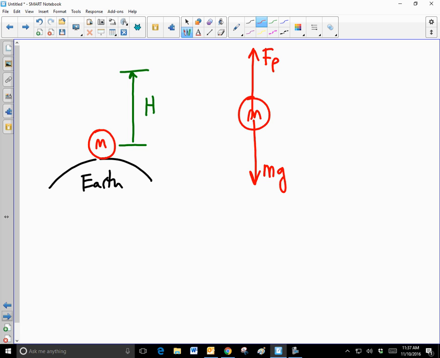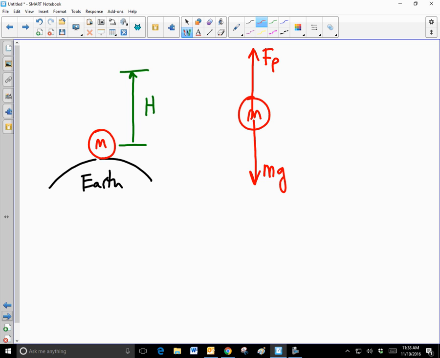If I don't take the Earth as a part of the system, then it cannot have gravitational potential energy. Is that fair to say? Yeah. The interaction between the two objects causes that potential energy. If I don't take that object into account, then it can't have any potential energy.